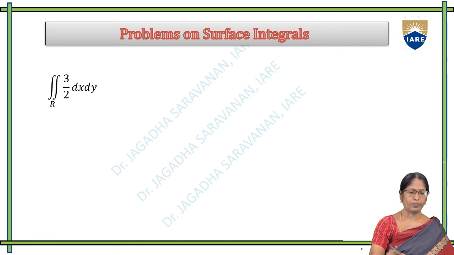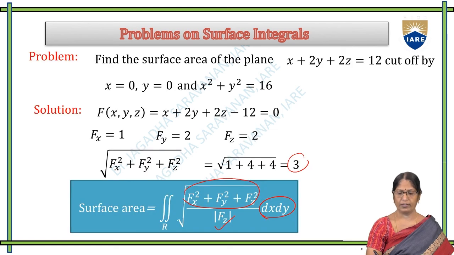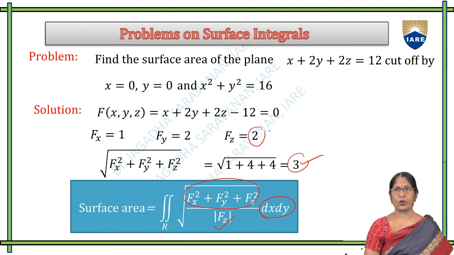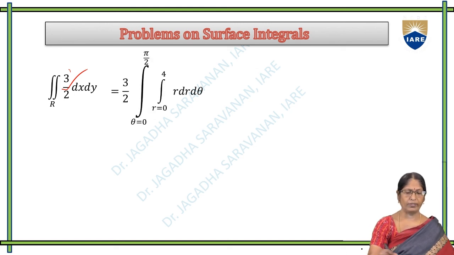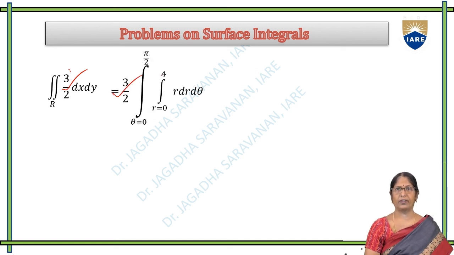So now the result we obtained is 3, and the modulus of Fz is the square root of 2 squared, which is nothing but 2. So 3 by 2 dx dy. Now the 3 by 2 we keep outside.